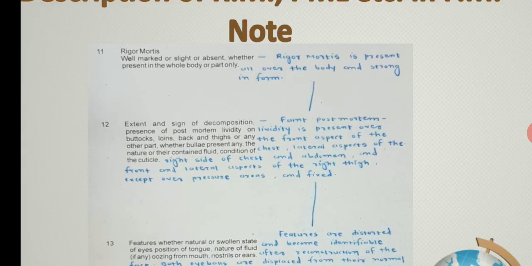Okay, and then lastly it is shown as fixed. What is meant by fixed? If postmortem lividity is fixed, then the time since death is more than 12 hours. Okay, so both these columns, rigor mortis and postmortem lividity, are useful for the time since death.